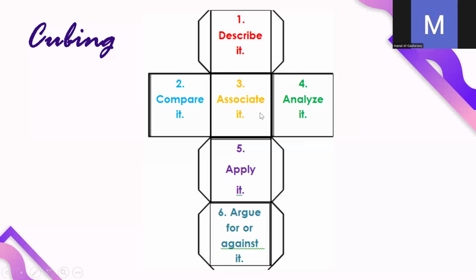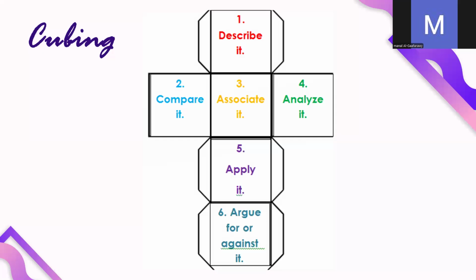Associate means that I try to mention the things that come to my mind when I say, for example, the name of the animal. So when I say the giraffe, what comes to my mind? Maybe the place the giraffe lives in, maybe the food the giraffe eats. So things related or associated with the giraffe.